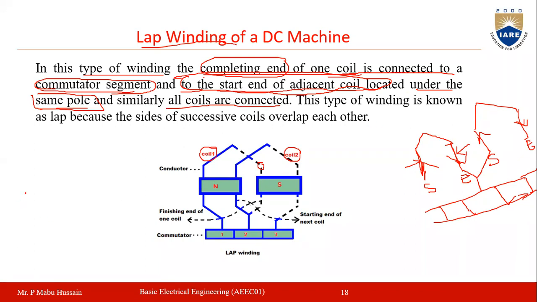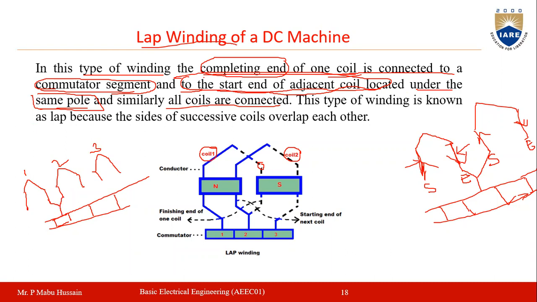Okay. So let us take three coils here. And here you have the commutator segments. So this is coil 1, coil 2, coil 3. The completing end of coil 1 and start end of coil 2 both are connected together and connected to one commutator segment.